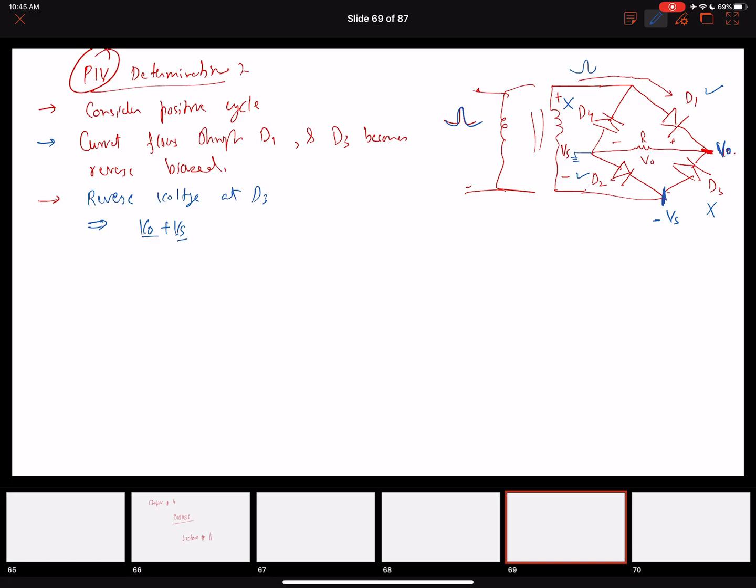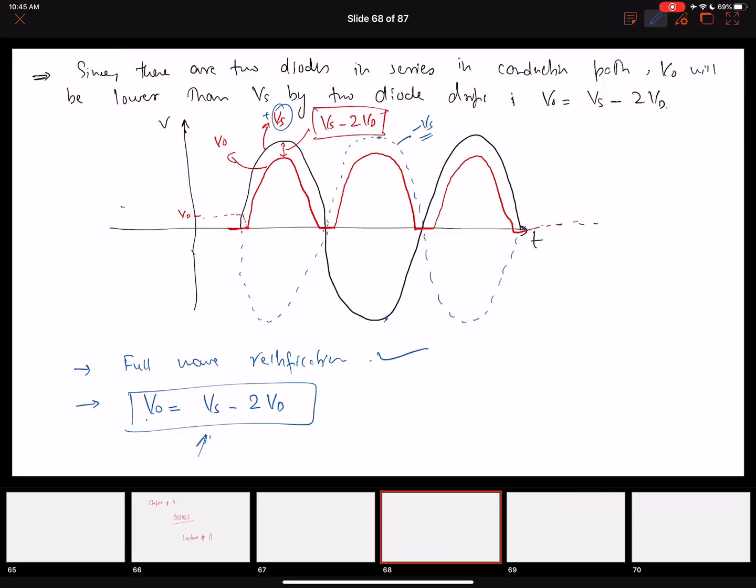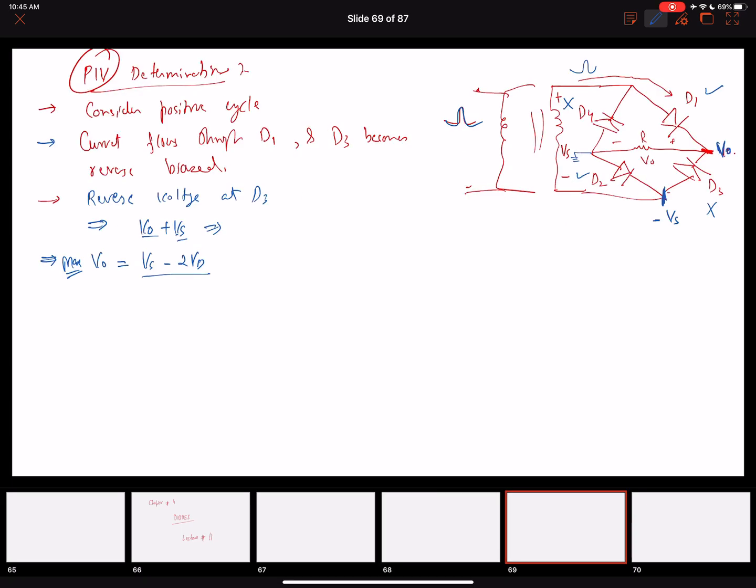Okay, so this is it, V0 plus Vs, and now let's see what is the maximum value of V0 that can appear over here. So the maximum value of V0 can be Vs minus 2VD, right? Now going back, yes, Vs minus 2VD. So if I put this value over here, this is the reverse PIV determination.